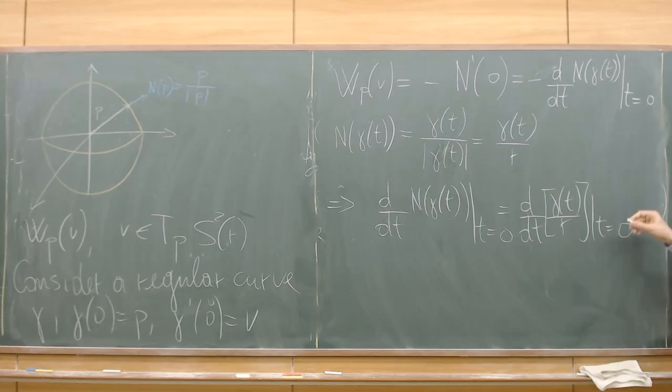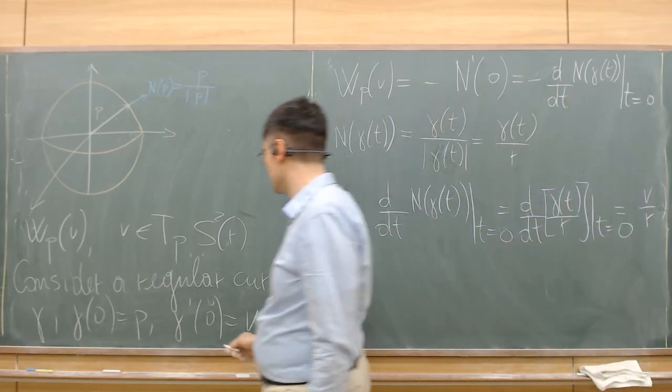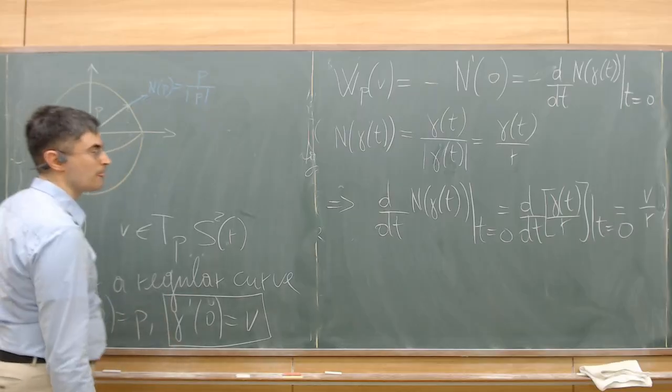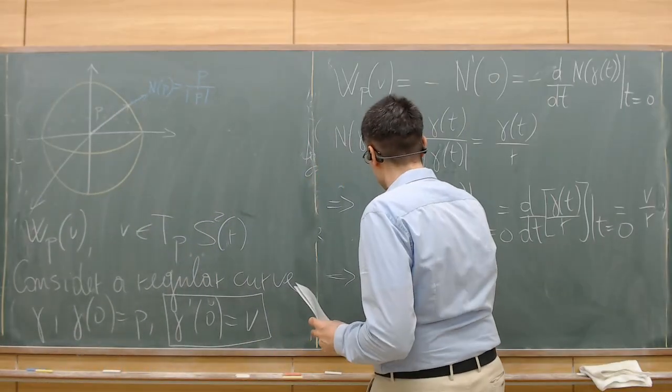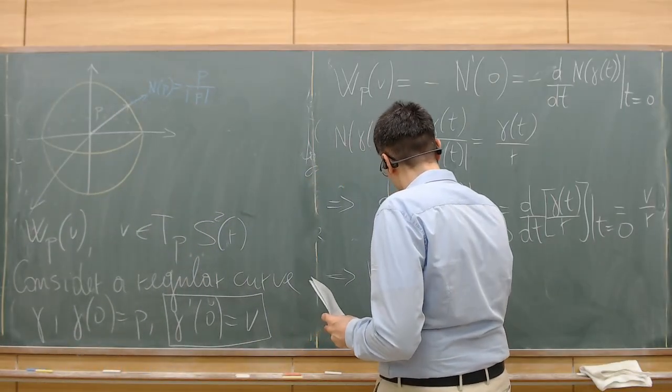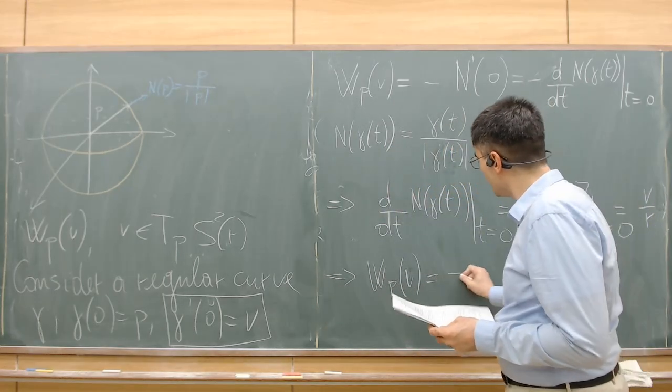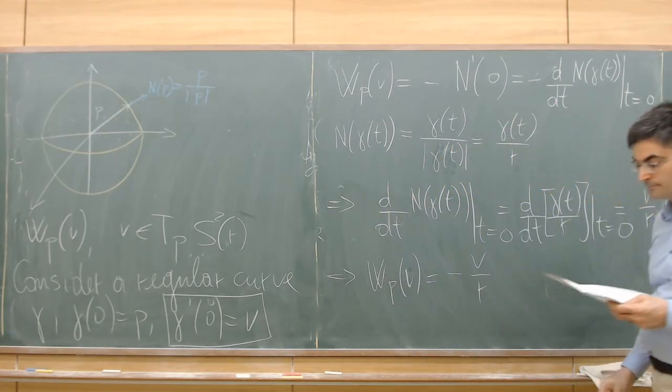R is a constant, and this is equal to V over R, because we know that gamma prime 0 is V. So this implies that WP V is minus V over R.